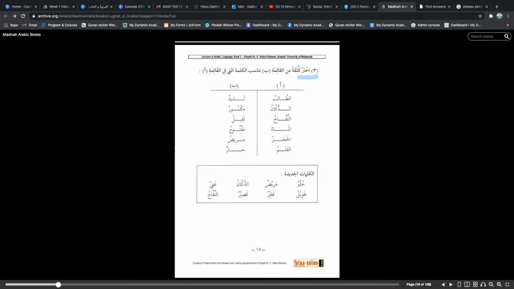So it's saying choose a كلمة from the list, this list right here, تناسب, which is appropriate or suits, the word which is in القائمة ألف. So this is the ألف list. So we're going to find words that would make sense to go together.